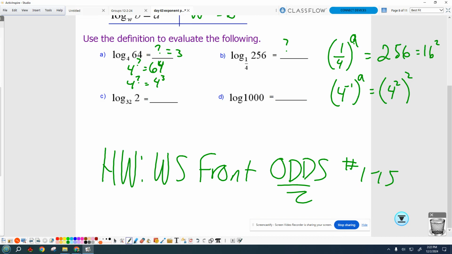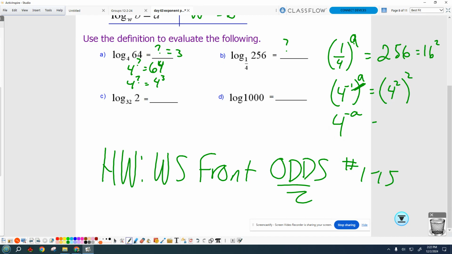Yeah. So come on, how do I raise a power to a power? 4 to the -1 to the A, what is that? 4 to what power? To the -A.